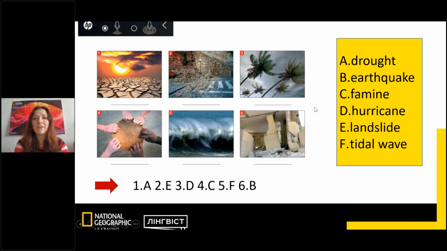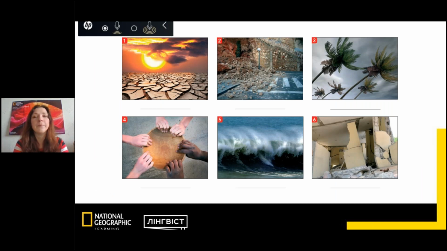Now let's check your memory, if you can name all the pictures. So picture 1, have a look at them. Can you recall all of them? For number 1, you don't need to write to me, just speak in front of the screen. So number 1, this is drought.